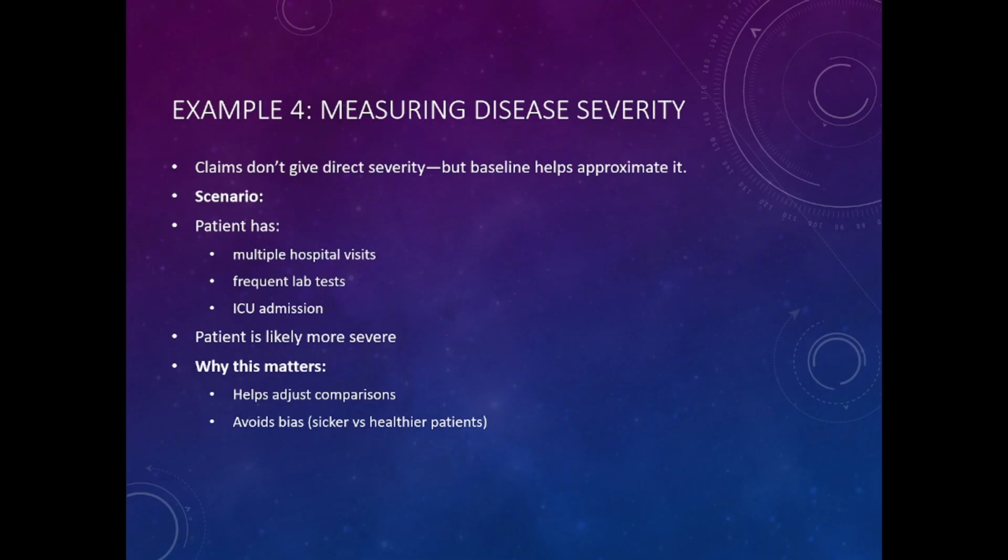Those covariates should be similar across both cohorts in order to avoid bias in the results. If one cohort has healthier patients and the other cohort has all sick and severe patients, then definitely the comparison of drug A versus drug B may not yield an accurate result.